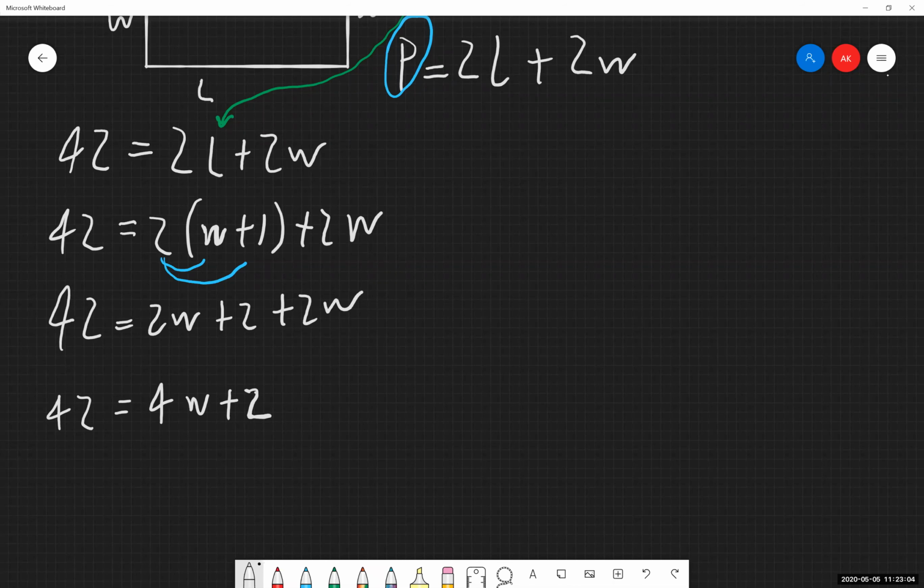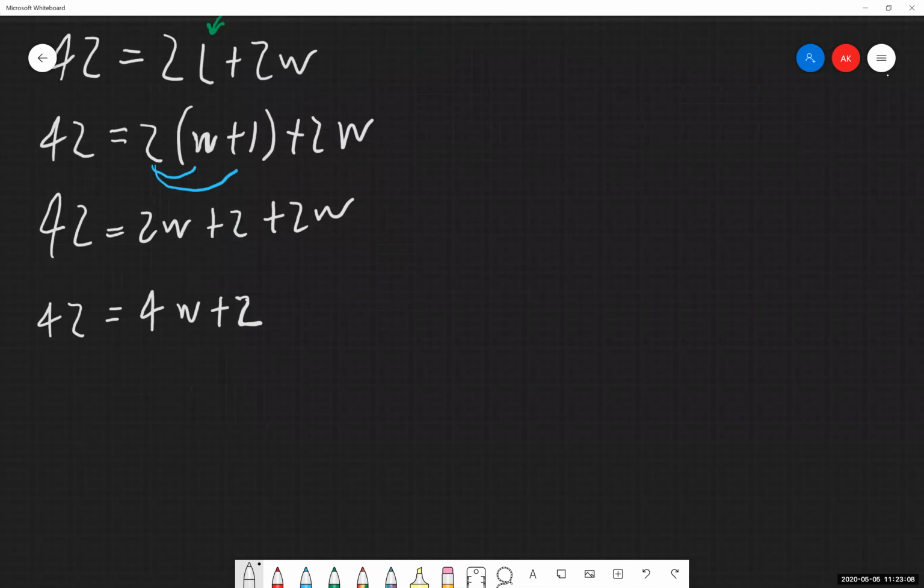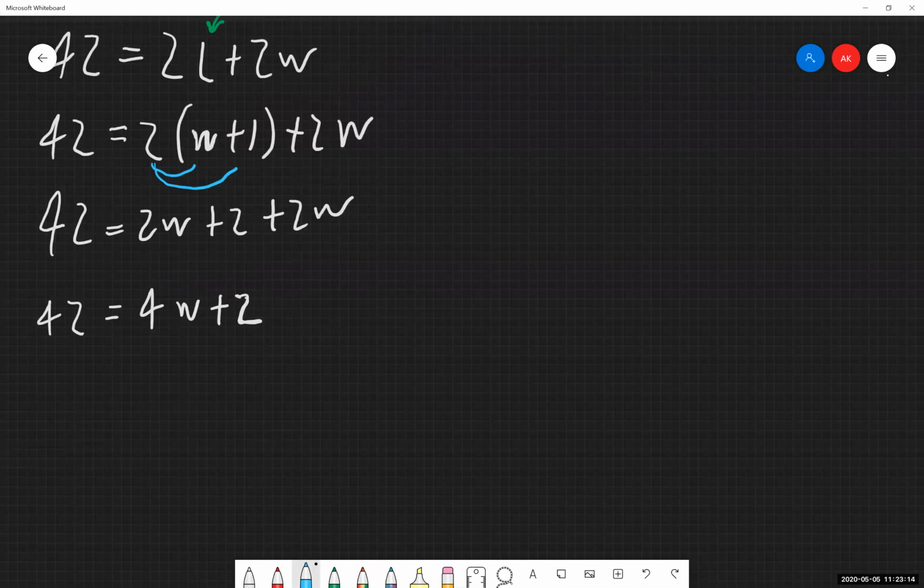And now that I've done that, we want to isolate our variable terms to one side of the equation. Well, that's already done for us, so we're good there. Now I want to get rid of all the constant terms on that side, so I have a w over here, and it has this plus 2 attached to it. I want to get rid of that plus 2 by subtracting 2. So I subtract 2 from both sides.